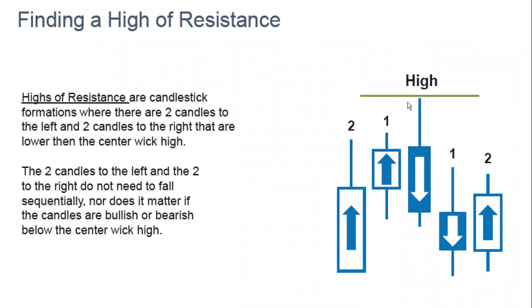So it is called OHLC, O being the open, then high, low, close. This is a bearish candle: it opened here, went high, went low, came back and closed. A bullish candle opened here, went as high as this, came back here and closed.